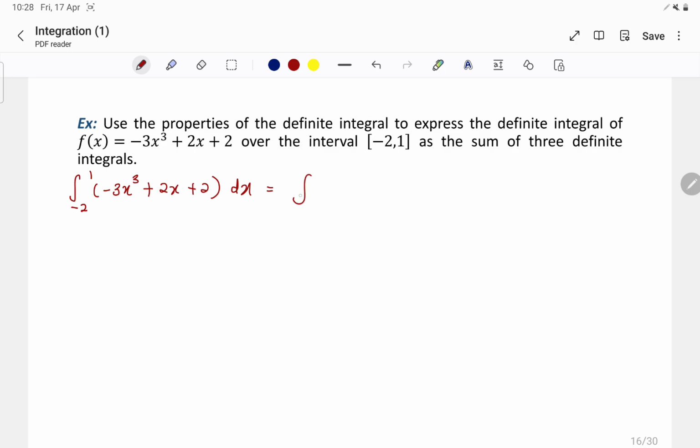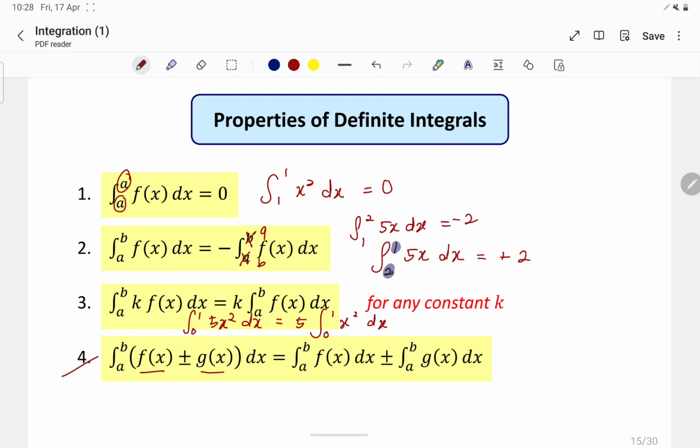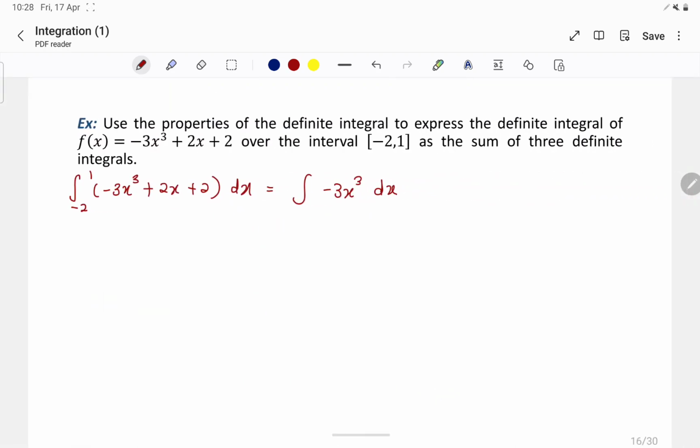And then you separate them. Negative 3x cubed dx, follow the number 4 rule. So do one by one. You copy negative 2, 1, and then you separate them again. Take the second term, which is 2x dx, from negative 2 to 1. Separate them. 2 also, integrate 2 dx from negative 2 to 1.